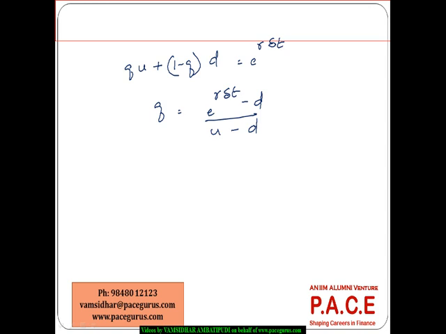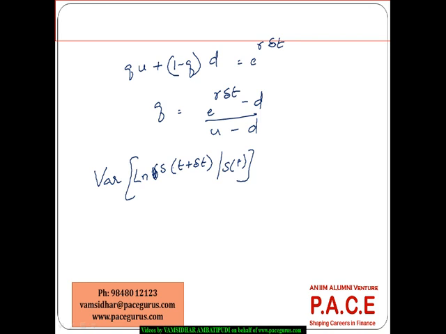The same logic I go with for the variance. If I want to find the variance of the log S of t plus delta t given S of t, I substitute all this.